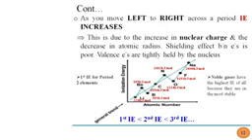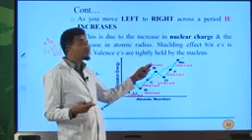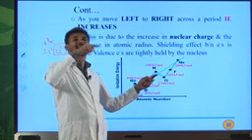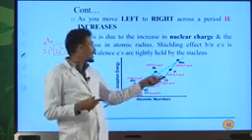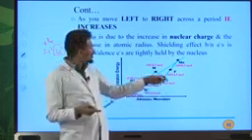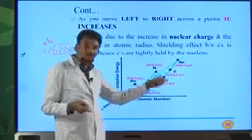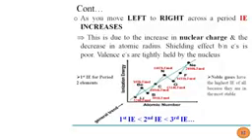In a similar manner, when you compare the ionization energy of nitrogen and oxygen and write the electron configuration, nitrogen ends at p3. So this is half filled. But oxygen is p4. It is easy to remove an electron from oxygen when compared with nitrogen. This is the reason.